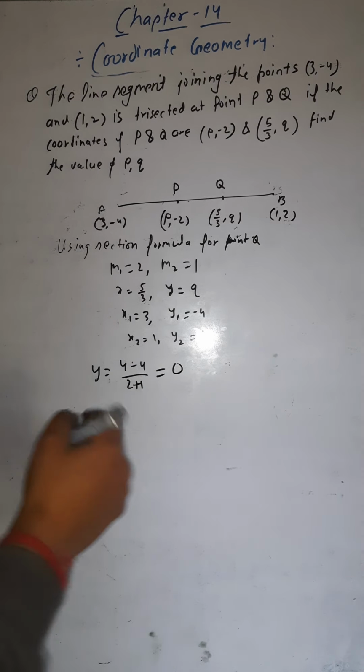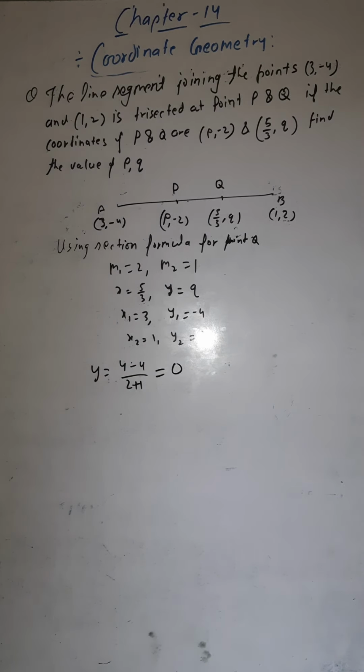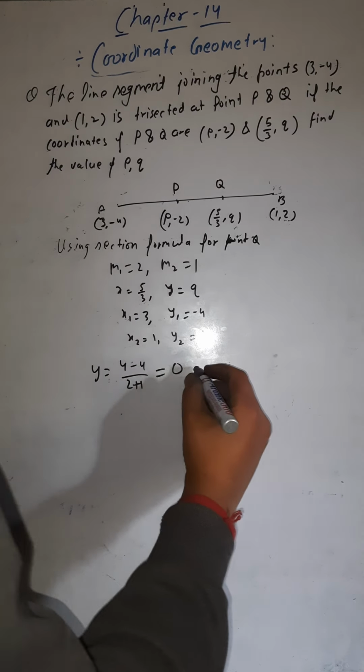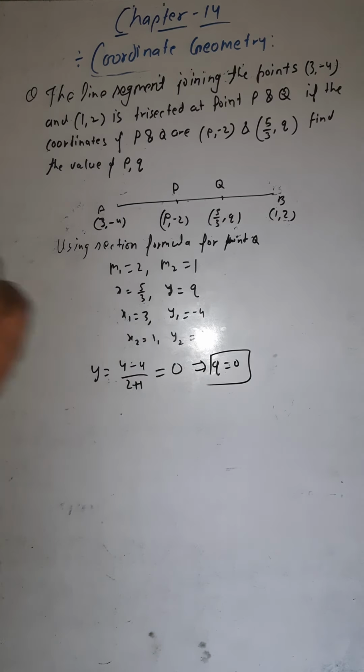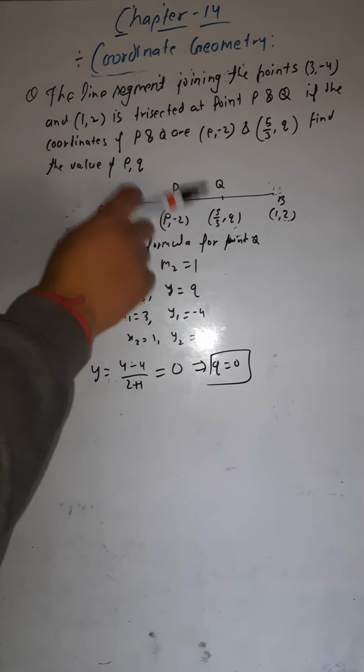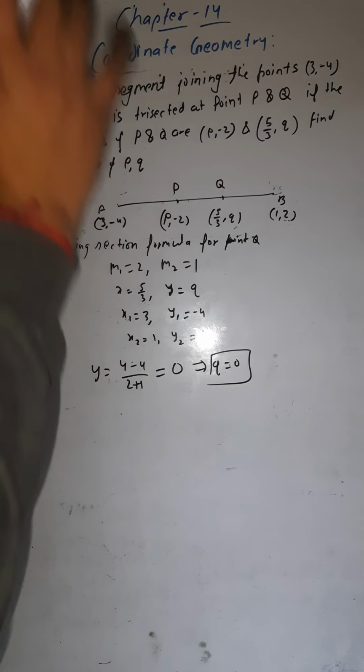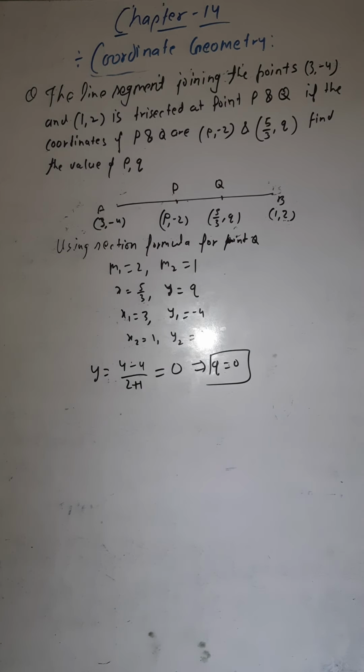So the answer would be 0, because 4 minus 4 is 0. Now the value of Y is Q. It implies Q is equal to 0. So we have got the value of P as well as the value of Q. This is what you have to do in this question.